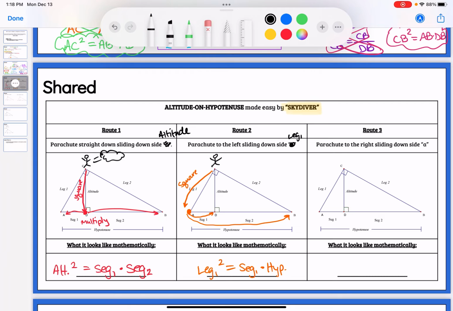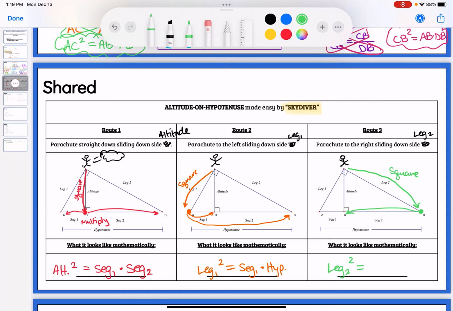All right, so then our last option here, he is at the top of the mountain, right? This time he's going to slide down leg 2. So he's going to start down, and he's going to go down the mountain this way, right? So whichever way he comes down the mountain, you got to square it because it's hard work. So we have leg 2 squared equals. He's going to land here at B. Where could he walk? Well, he could walk just to D and end there.